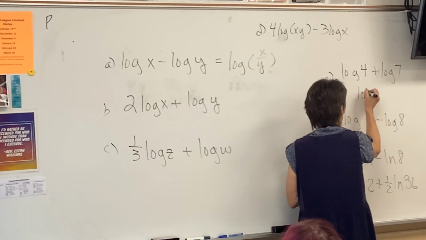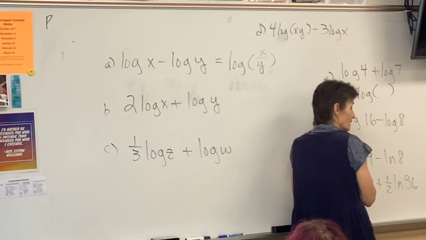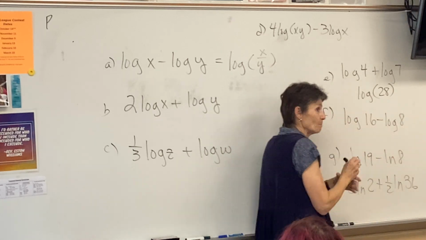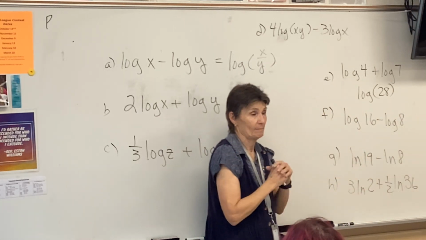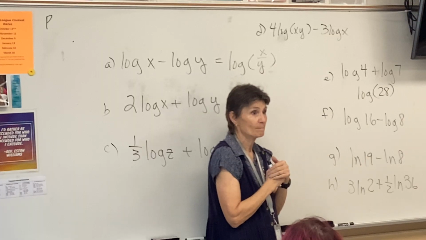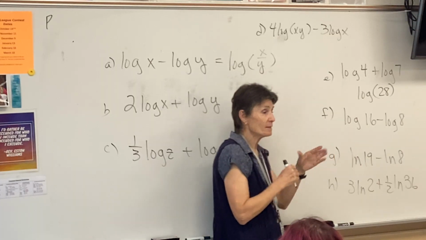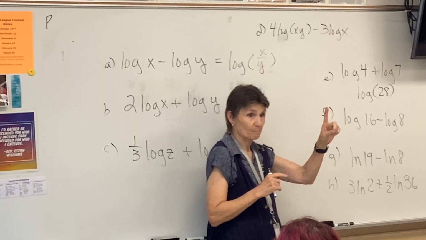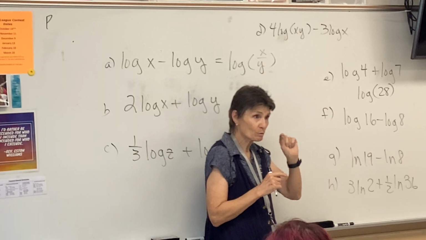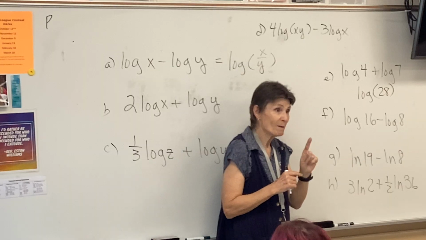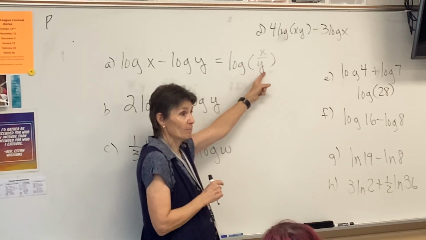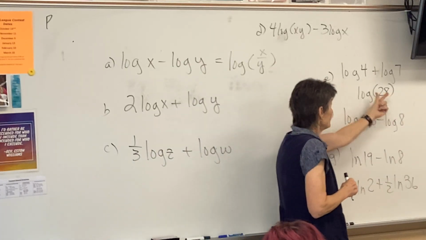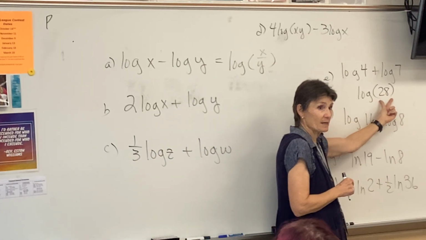So this is going to go together into one logarithm, and the number that goes in here is going to be 28. X times y, 4 times 7. Your job in this part of the notes is to make one logarithm. If they are subtracted, when you make them one, you turn the problem into a division. If they are added, you turn it into a multiplication.